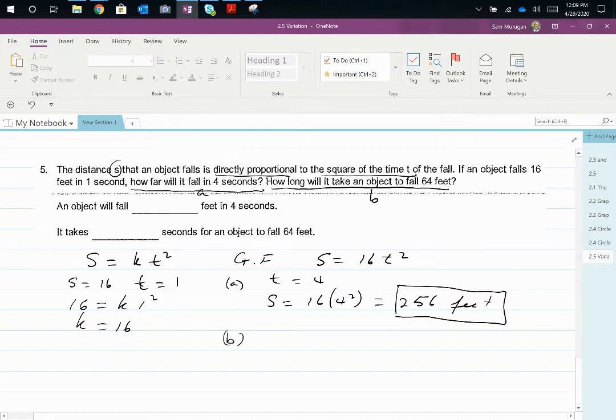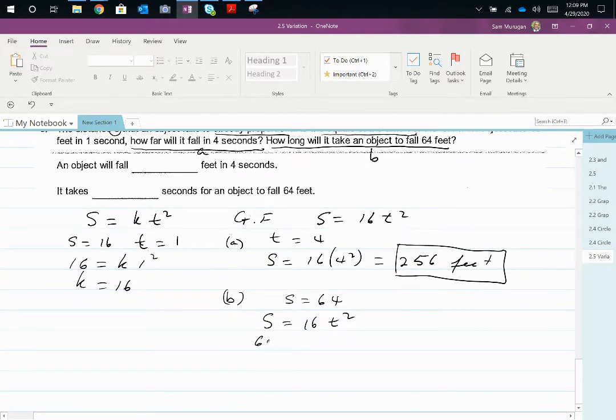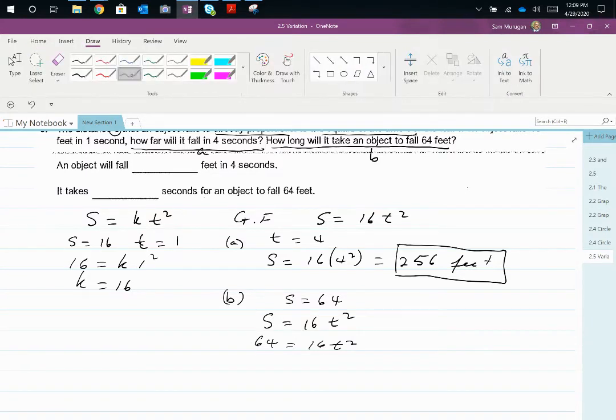Part B, how long will it take the object to fall 64 feet? So given S is equal to 64, and S is equal to 16 t squared, we substitute for S in here. 64 is equal to 16 t squared. Divide both sides by 16. We get 4 is equal to t squared, so t is equal to the square root of 4, which is equal to 2 seconds.